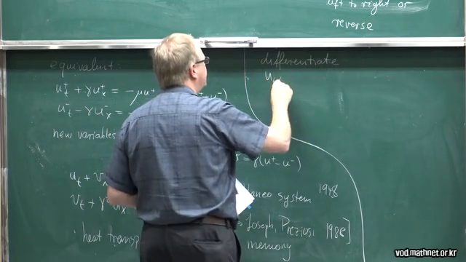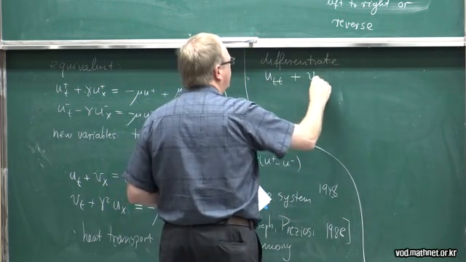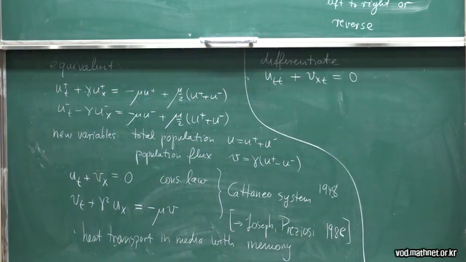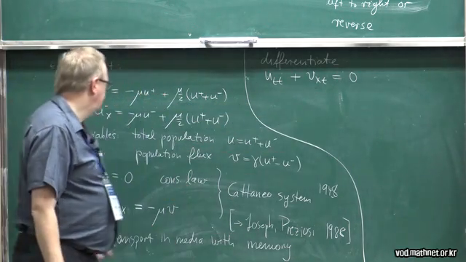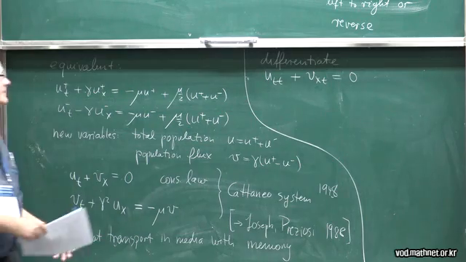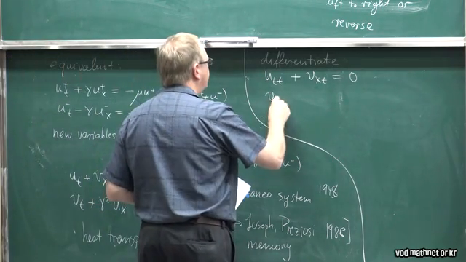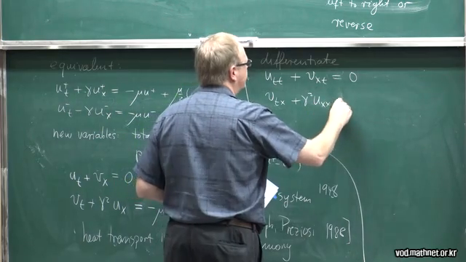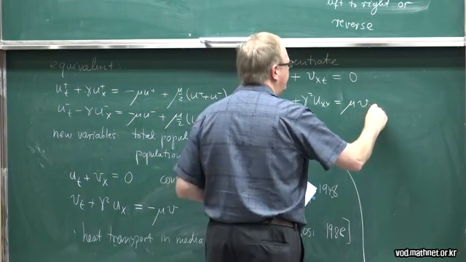First equation I differentiate by time, and I get utt plus vxt is equal to 0. And I would like to replace the vxt from here, so I differentiate this equation by x. Okay, so I differentiate that by x. vtx plus gamma square uxx is minus mu vx.